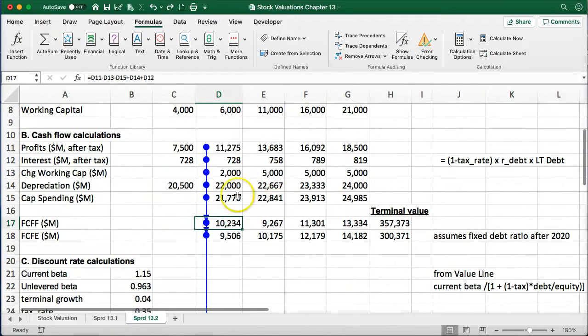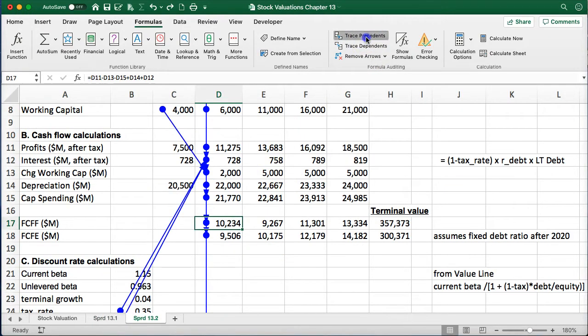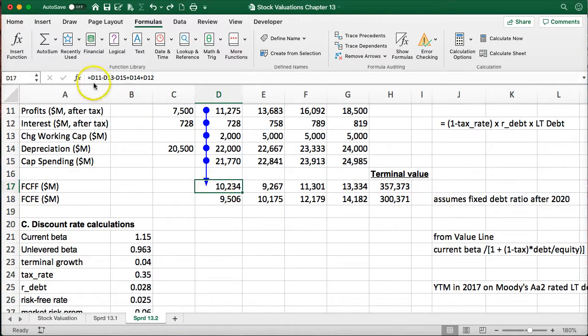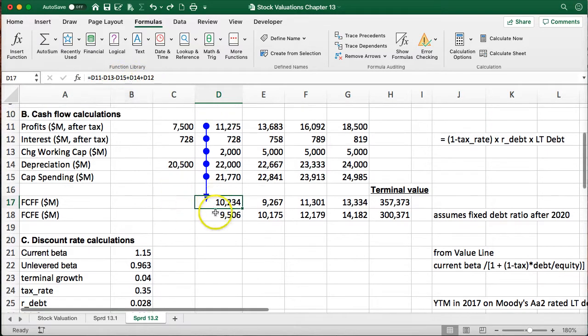Okay. So do the trace precedence. You can see here that we are adding together D11 minus D13 minus D15 plus D14 plus D12. That's how we calculate this.